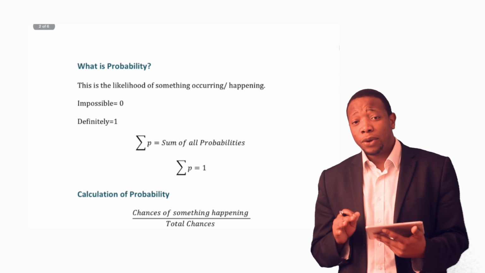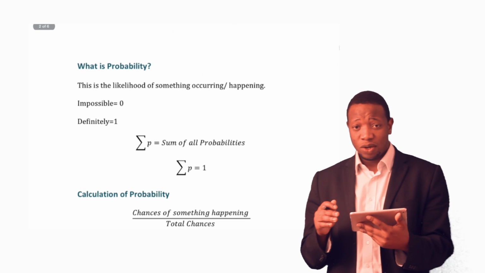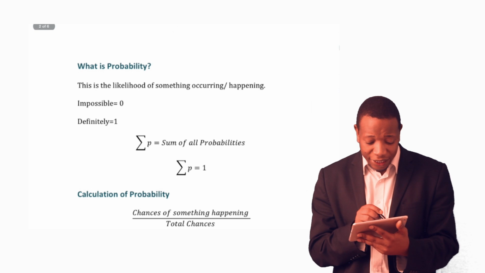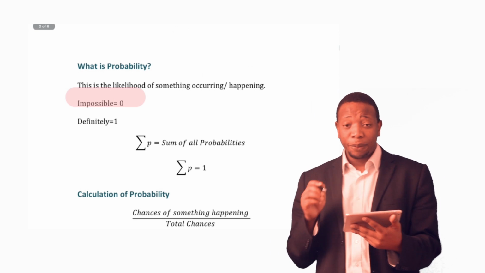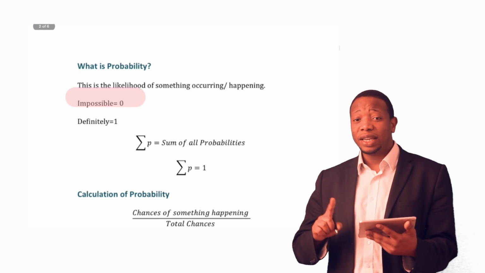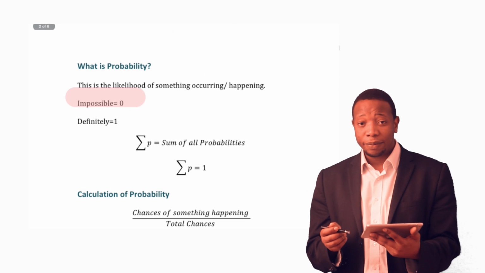If it's impossible for something to happen, then the probability of that would be zero. If we just highlight that, impossible would be zero. Now, the probability of something definitely happening, no other chance, would be 1.